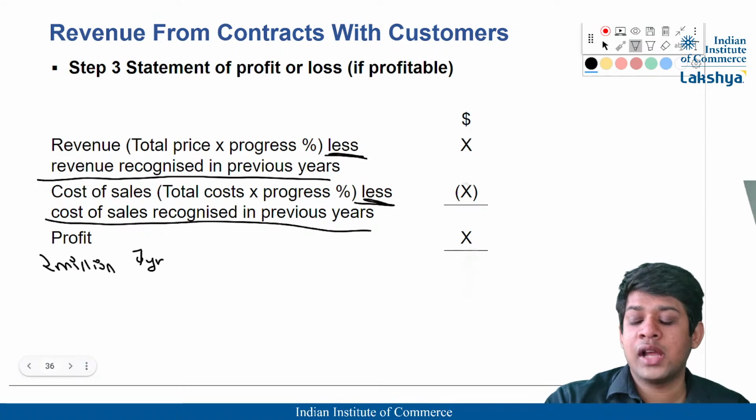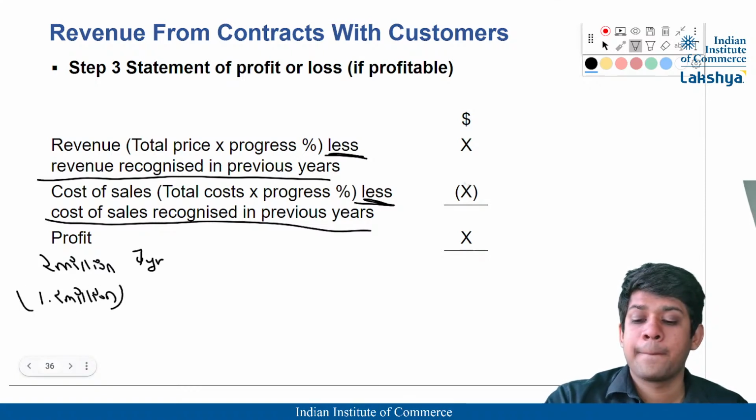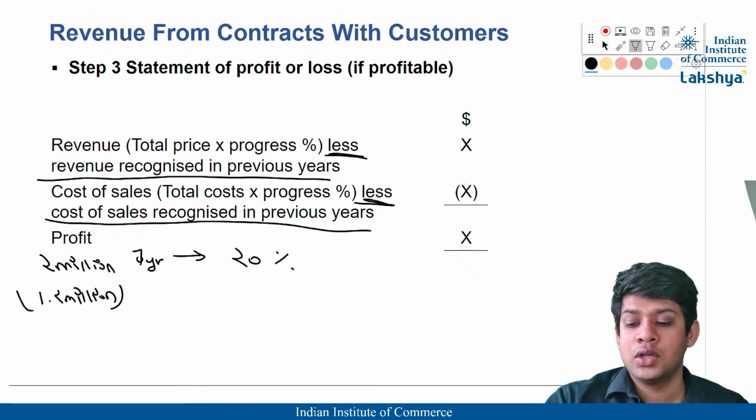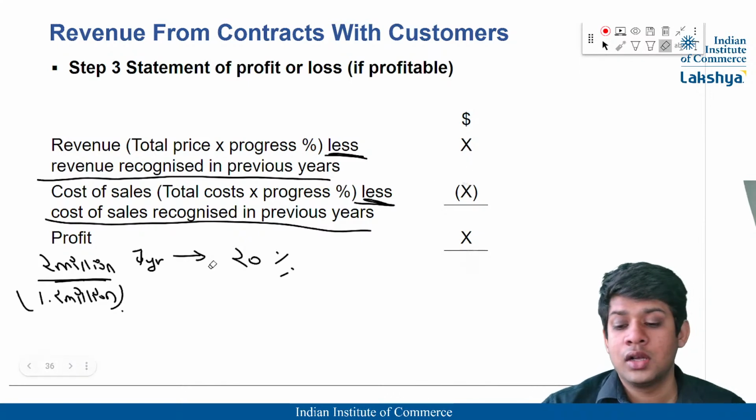I'll take the same values, and the total cost incurred to date plus the total cost to complete is 1.2 million. In the first year, maybe I completed 20% of the project. So in the first year, I would have recognized revenue of 2 million into 20% and cost of sales of 1.2 million into 20%. Correct? I would have recognized that.